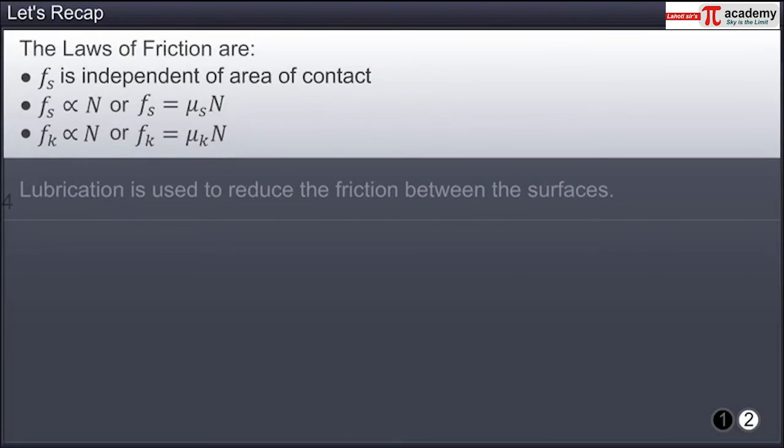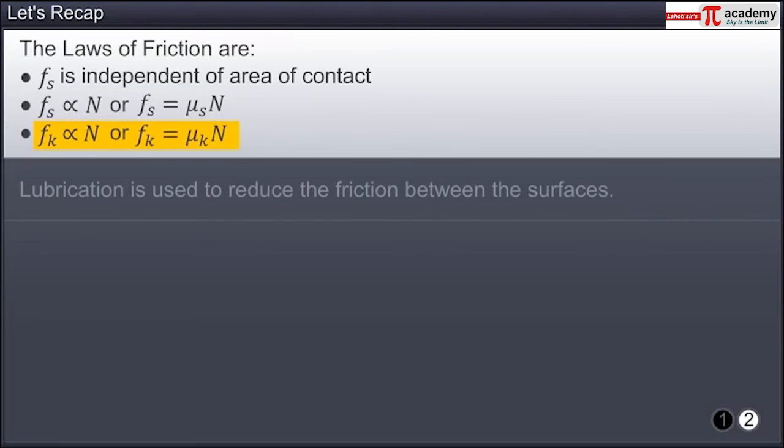The laws of friction are: static limiting friction is independent of area of contact. Static friction is proportional to normal reaction. It is equal to the product of mu s and N, where mu s is the coefficient of static friction.